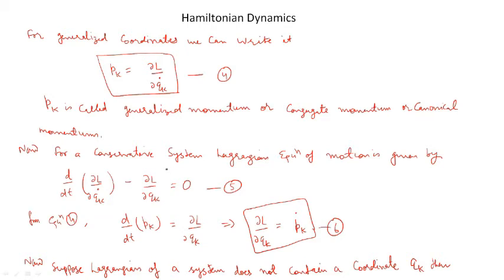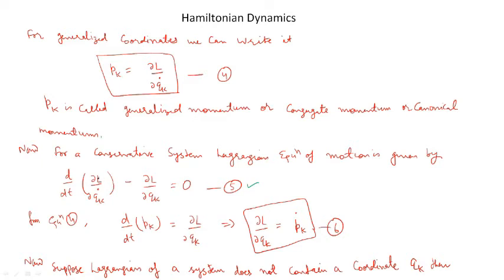As you know, for a conservative system, the Lagrangian equation of motion is given by d over dt of del L over del qk dot minus del L over del qk equal to 0. Now if we see from equation number 4, we know that del L over del qk dot is equal to pk.